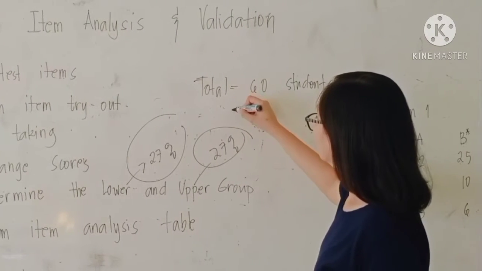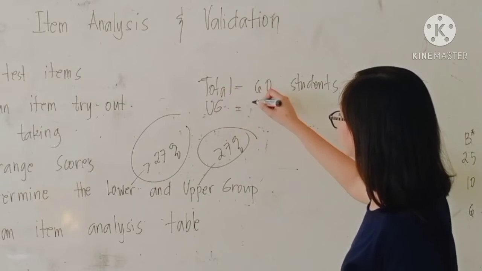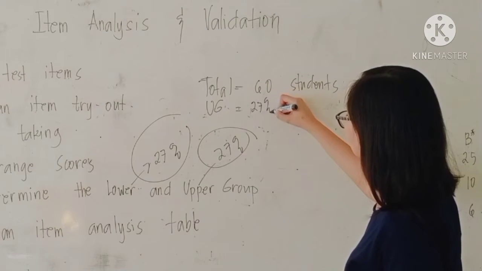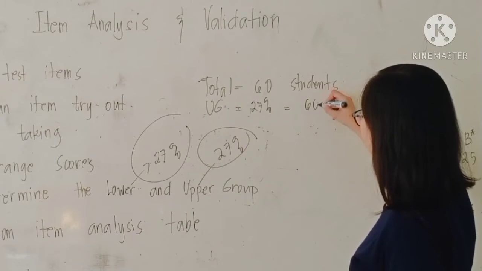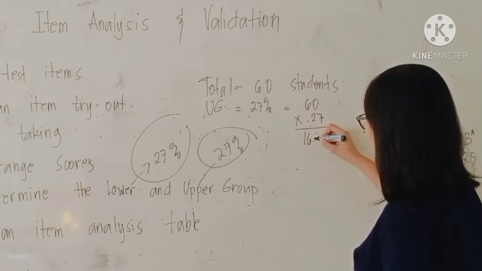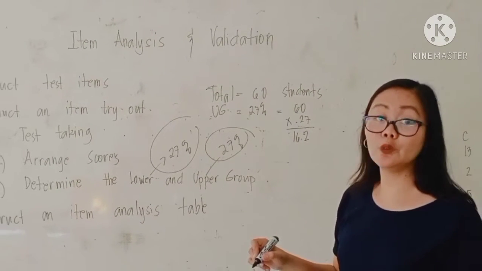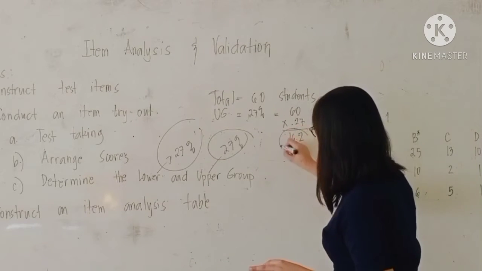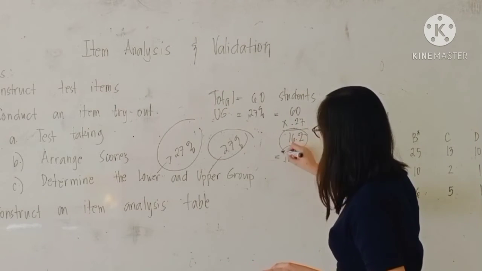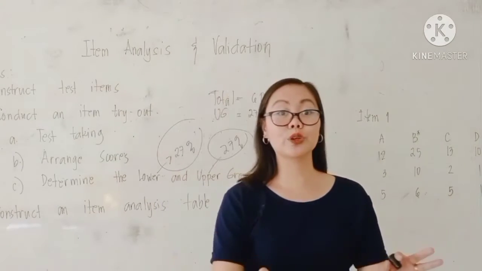Now, if the upper group is equal to 27%, then it will be 60 times 0.27. That's 16.2. Since we have to deal with whole numbers because we are dealing with whole people, so therefore it's 16. Okay? The upper group is 16, the lower group is 16.